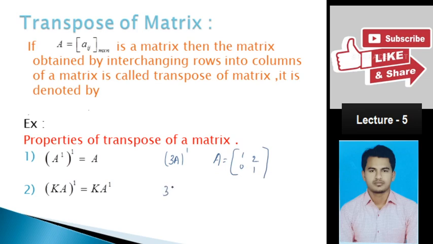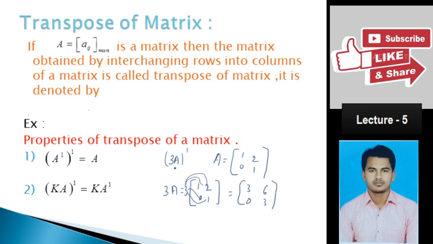What is 3A? 3 into A, [1 2; 0 1]. So scalar multiplication, multiply with each and every element. What is the value? [3 6; 0 3]. This is our 3A.